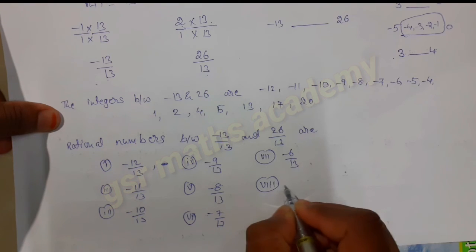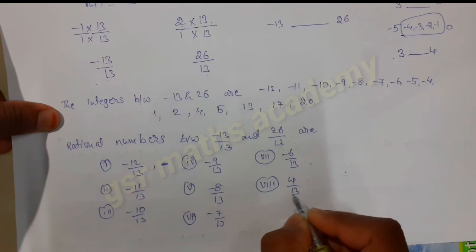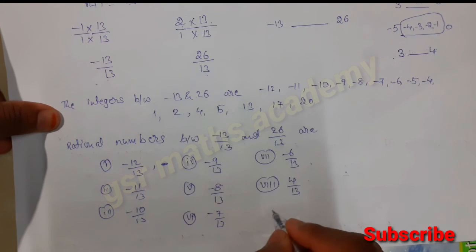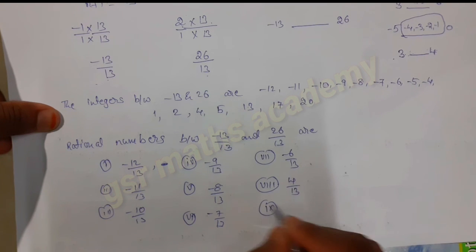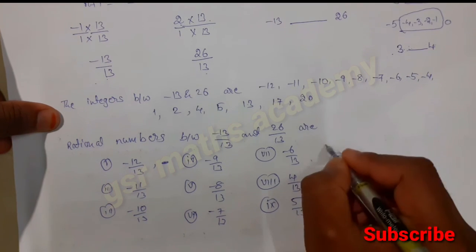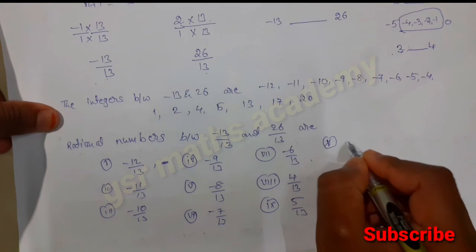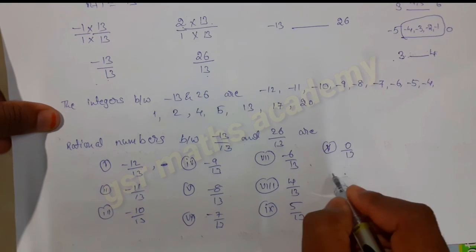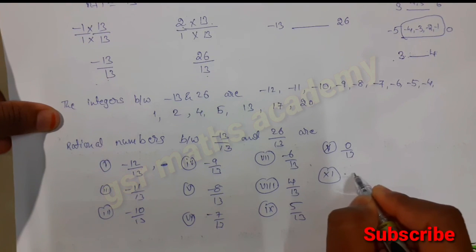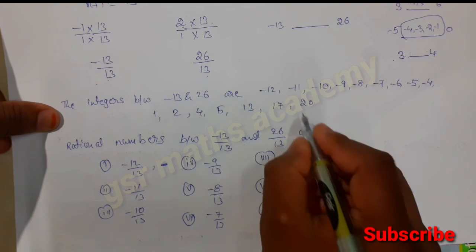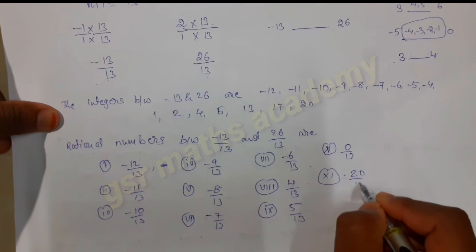Eighth, you can take 4 by 13, no problem. Ninth, you can take 5 by 13. Tenth, you can take 0 by 13 even. Eleventh, 20 by 13.